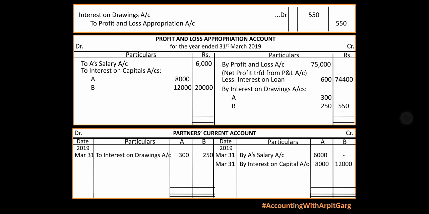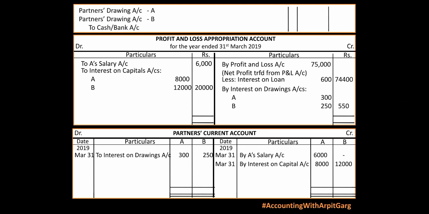Then we are given the drawings rupees 12,000 and 10,000. So we will record these as well. So partners drawing account A 12,000, partners drawing account B rupees 10,000, to cash or bank rupees 22,000.